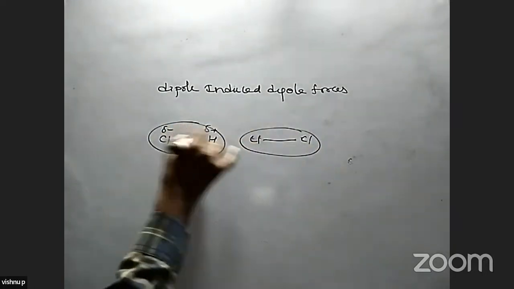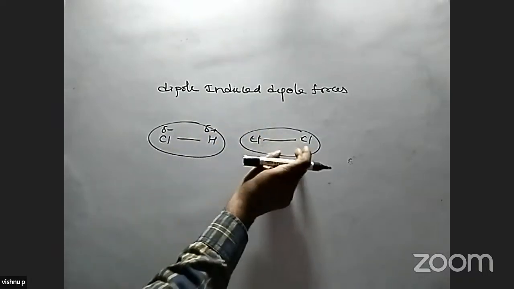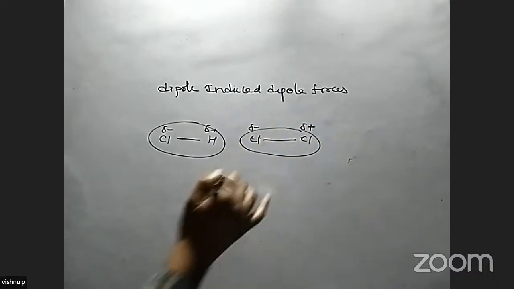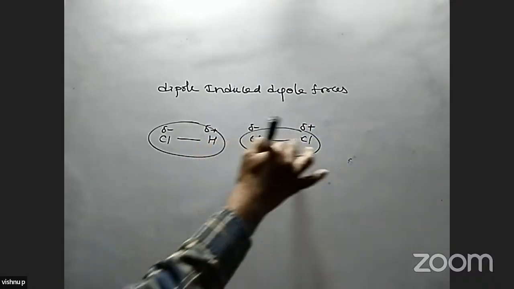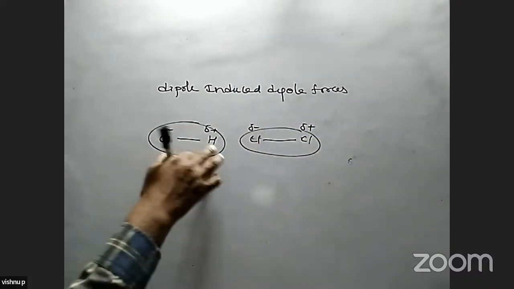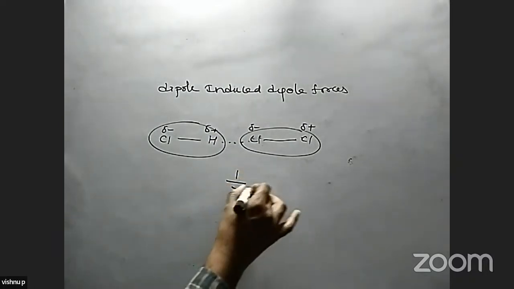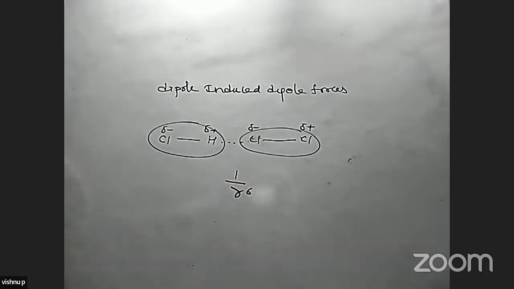In the chlorine molecule, because of the positive hydrogen, a temporary dipole is induced by this dipole molecule. Between them, attractive forces are possible. It is called dipole induced dipole forces. Again, it operates at a distance of 1 by r to the power of 6.